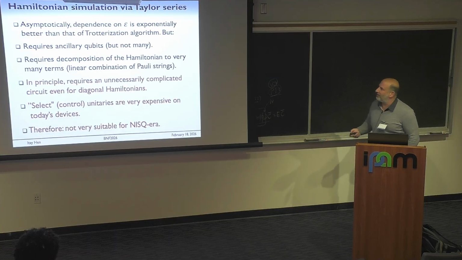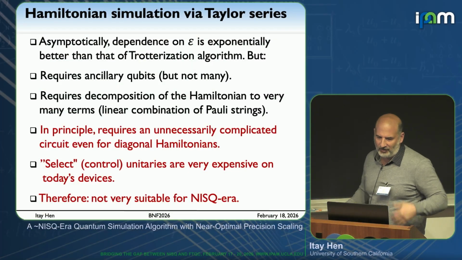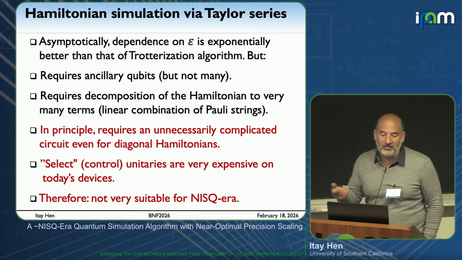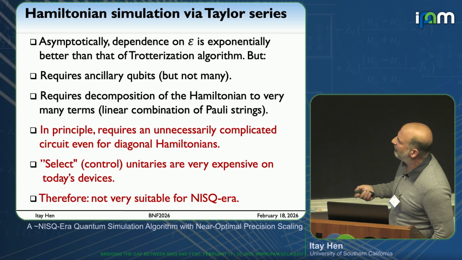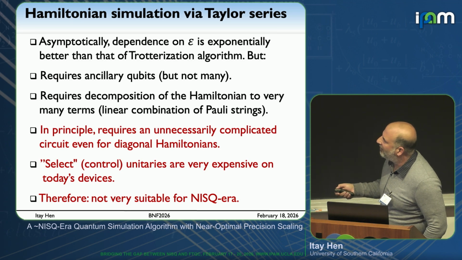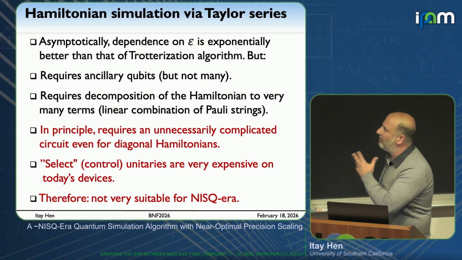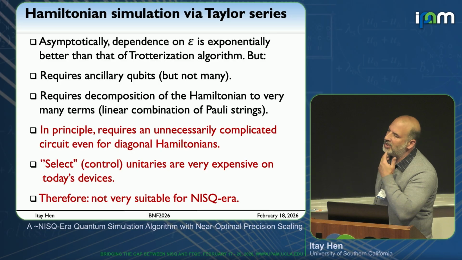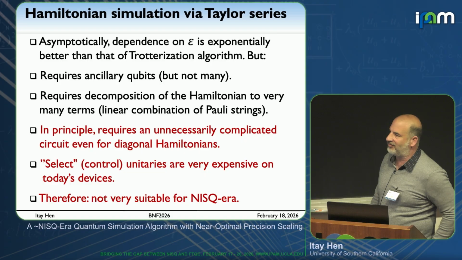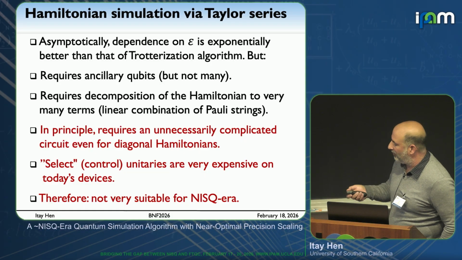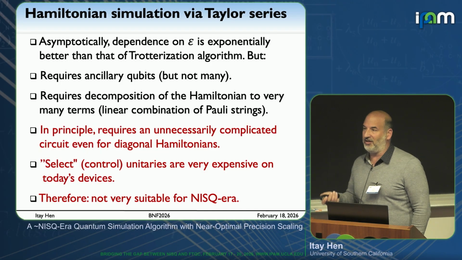The amazing thing is that asymptotically, the dependence on epsilon, on the error, is actually exponentially better than Lloyd's Trotterization algorithm. But the problem is that it requires ancillary qubits. And not a lot, but when we try to put that on a NISQ device, it becomes a problem, even though asymptotically the error dependence is really exponentially better.